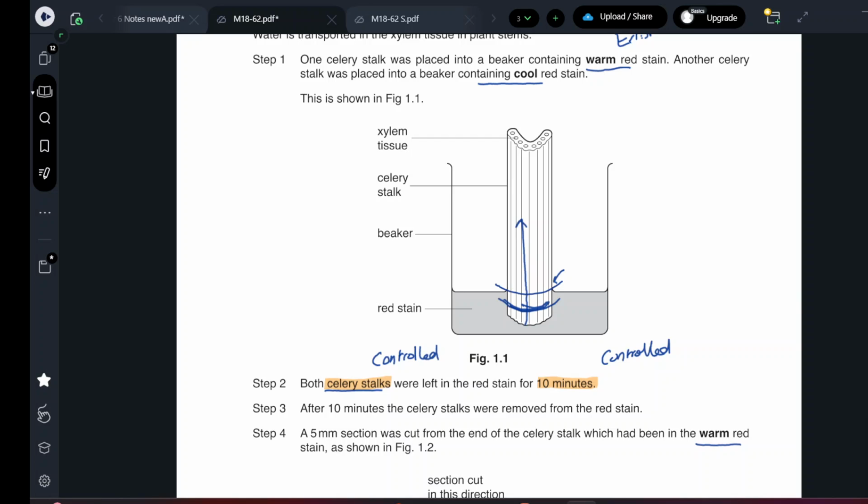So you will cut another 5 millimeter section. If you still find the stain, you will cut another 5 millimeter piece, until the stain is no longer visible. This means that it did not reach this part. Okay?